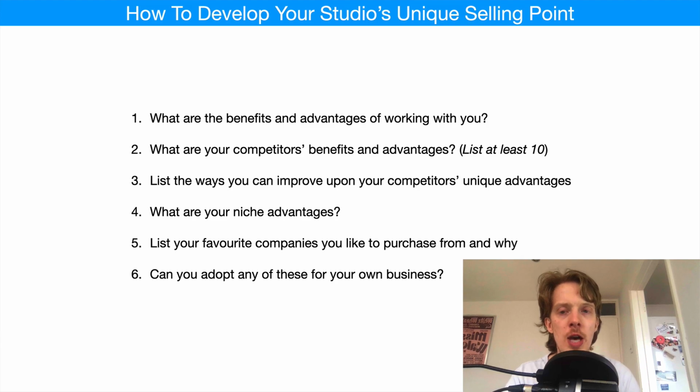So from everything you have written down so far and what you have learned, what can you adopt for your business to create your own USP? So write down a few sentences taking inspiration from all the previous questions you answered, like the stuff you improved upon, the stuff you learned from why you choose various companies over others. And I'm going to show you what I came up with in a few seconds here when I did this exercise.